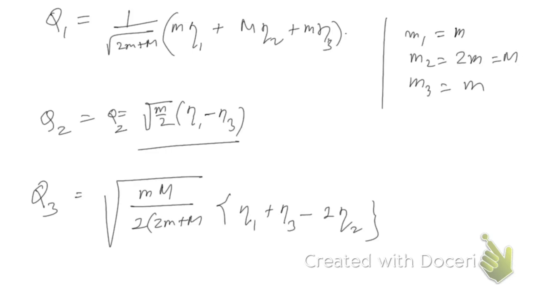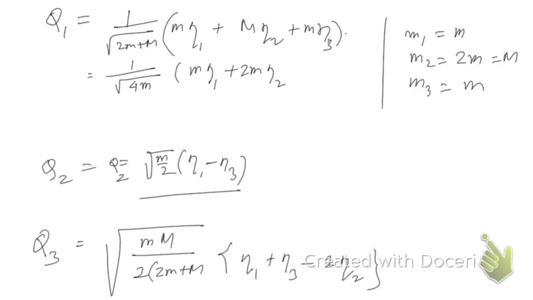So if we put those values here, we're going to have root over, if we replace this capital M by twice small m, then here 4m, and within bracket we're going to have m eta 1 plus 2m eta 2 plus m eta 3, right?